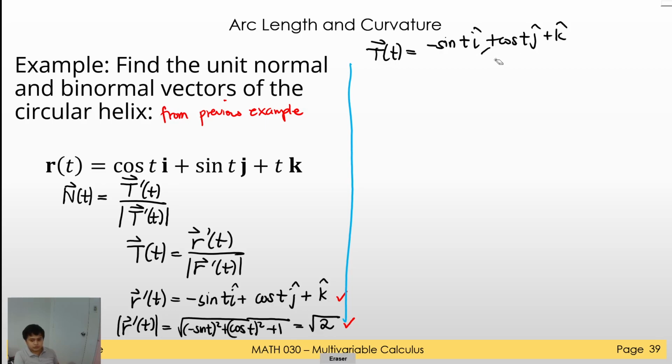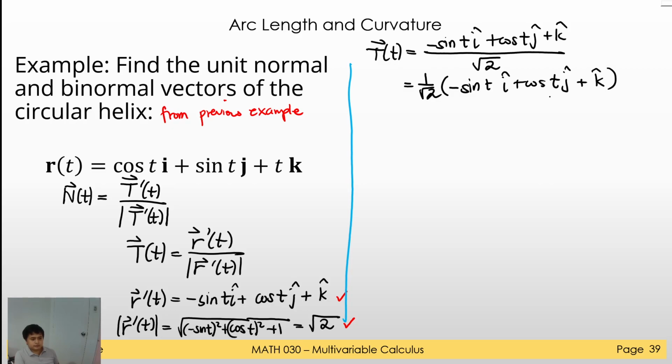Therefore, we can just factor out the square root of 2. So we have 1 over square root of 2 times negative sine t i hat plus cosine t j hat plus k hat. So this is your unit tangent vector.